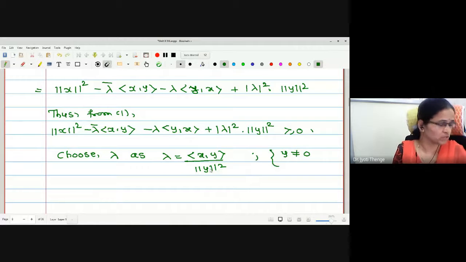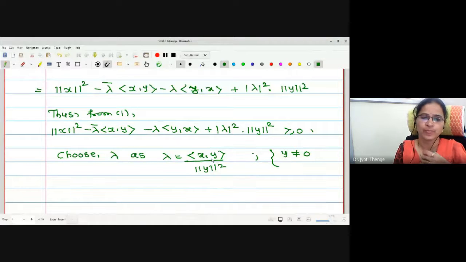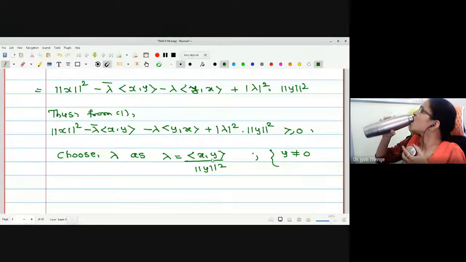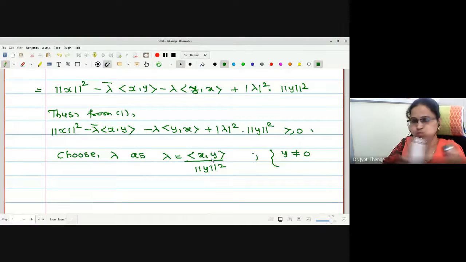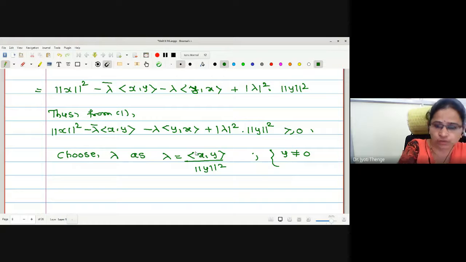Therefore this denominator is non-zero. Correct, no? Now why have I selected the value like this? Whatever lambda we have selected, this is a scalar. Yes, ma'am. Because inner product is a scalar valued function, right?